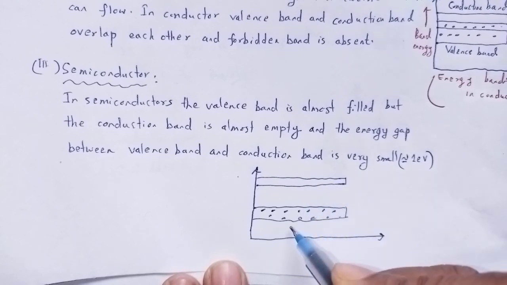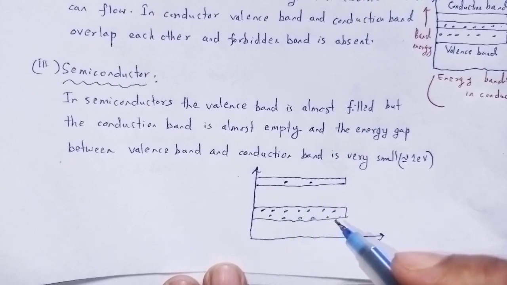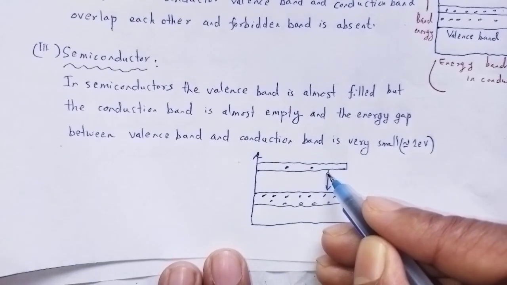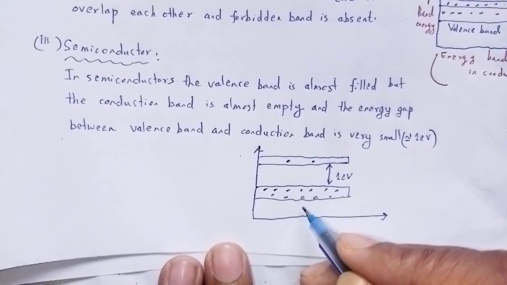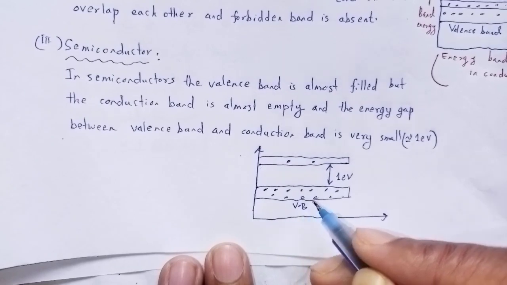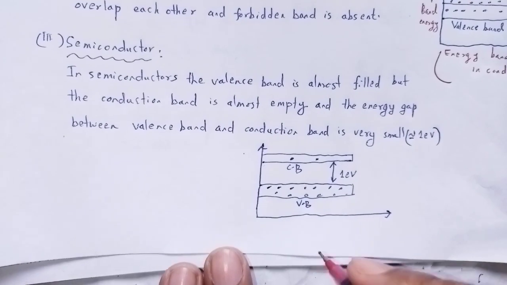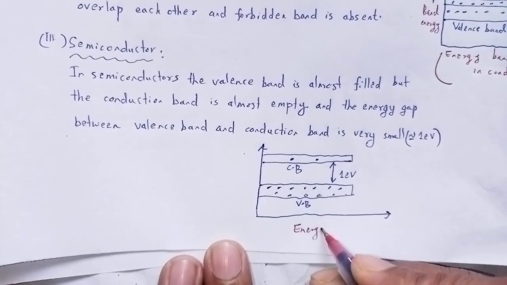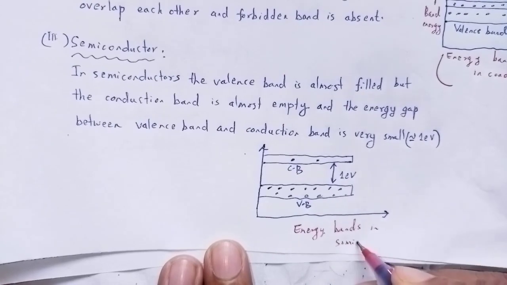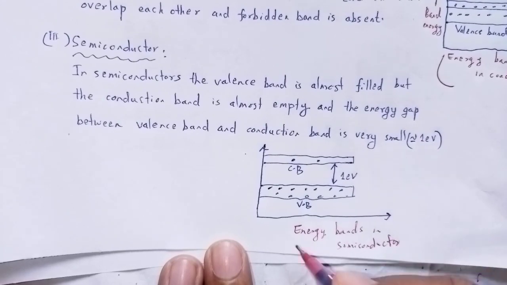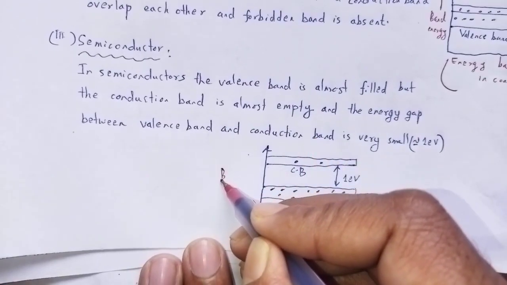The conduction band, it is partially filled, and the band gap in between conduction band and valency band is around 1 electrovolt. That is the valency band. Here is the conduction band. With the energy level diagram, energy bands in semiconductor. It's the band energy.